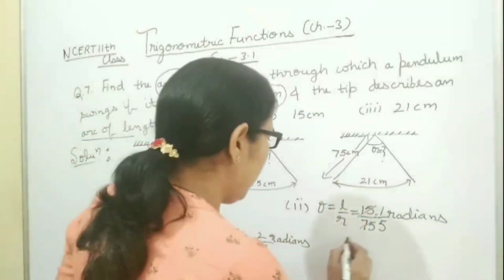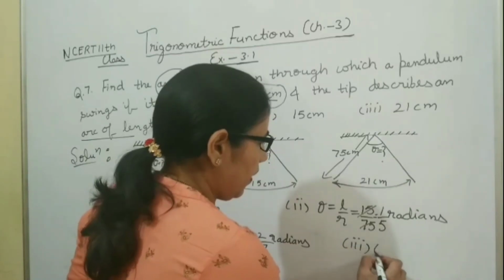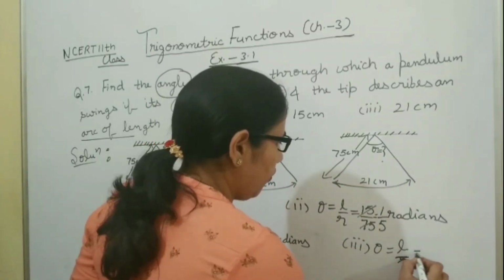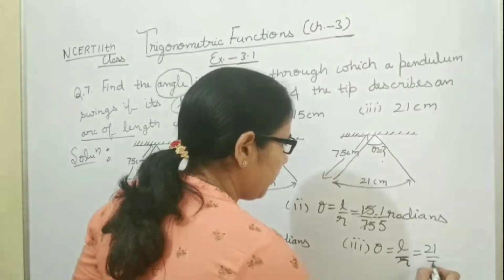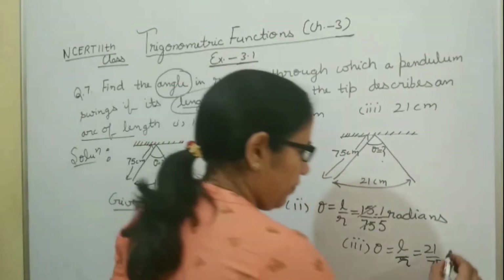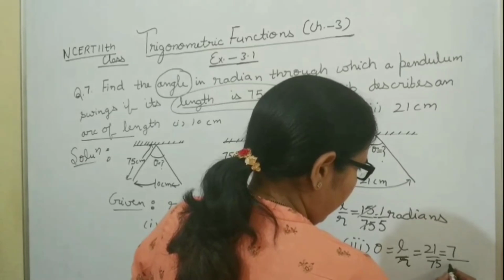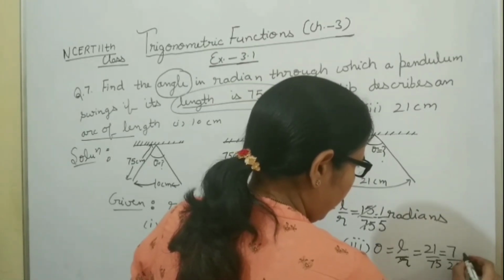Then in the third part, again put theta equals L by R, which means 21/75, and this comes out to be 7/25 radians.